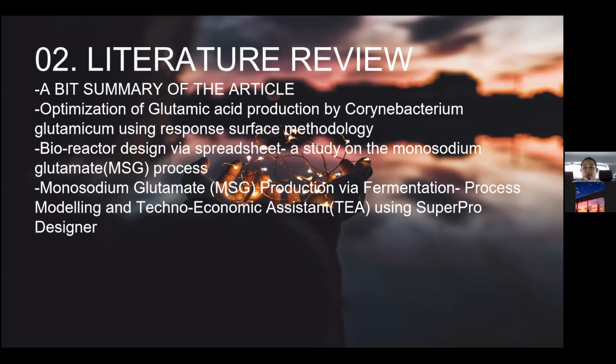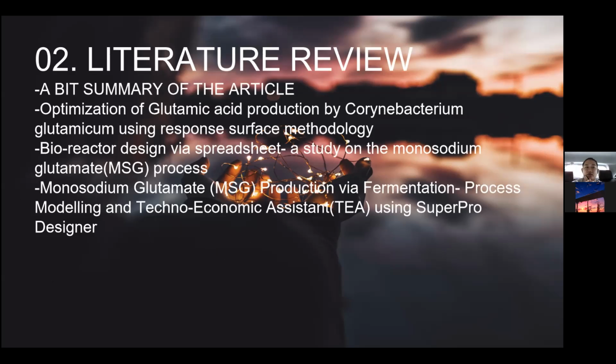So basically, I'm going to explain about the literature review. The literature review is a summary of the articles that have been chosen, and then combined so that we can relate all the articles to our research project.